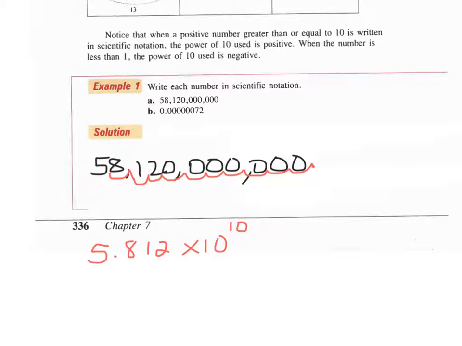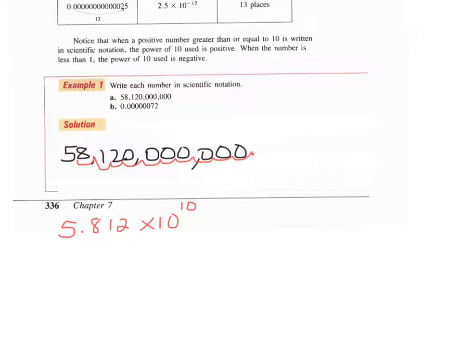So let's go ahead and try example B. I'm going to write it down, and then we're going to count the jumps. So 1, 2, 3, 4, 5, 6, and then 72. Now I'm going to count the jumps that it's going to take so that I'm behind a number between 1 and 10.